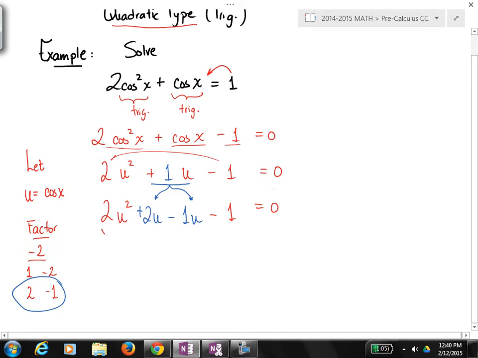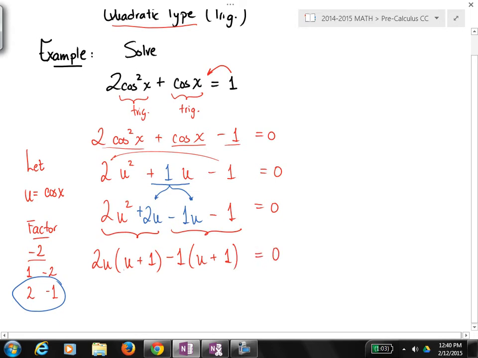What do these two have in common? The first two, and then what do these two have in common? So on the first two, what do they have in common? One of the u's. So I have u plus 1 inside. What do these two have in common now? Negative 1. So factor out the negative 1 and you're left with u plus 1.